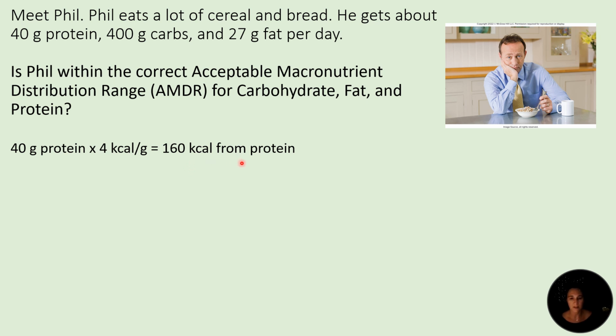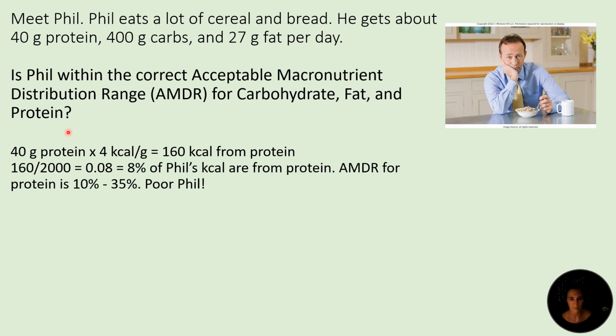So Phil gets only 160 kilocalories out of all his kilocalories of the day from protein. So if we take 160 and divide that by 2,000, so Phil is eating about 2,000 calories a day. He's getting 160 from protein. We're dividing that value by 2,000 and we get 0.08. We're multiplying that by 100 and we get 8%. So 8% of Phil's kilocalories are from protein.